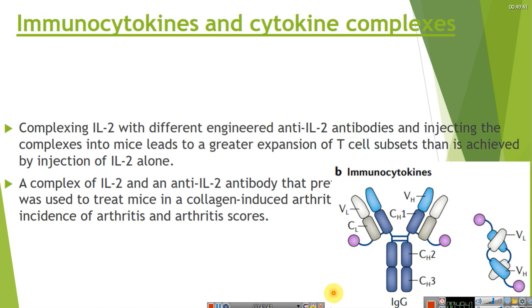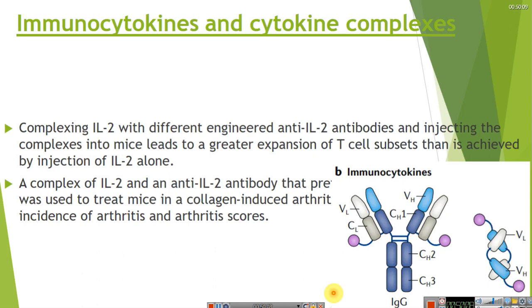Now, immunocytokines and cytokine complexes. See, many cytokines can be complexed with antibodies, like IL-2. Okay, complexing IL-2 with different engineered anti-IL-2 antibodies and injecting these complexes into mice leads to the expansion of a subset of T cells.